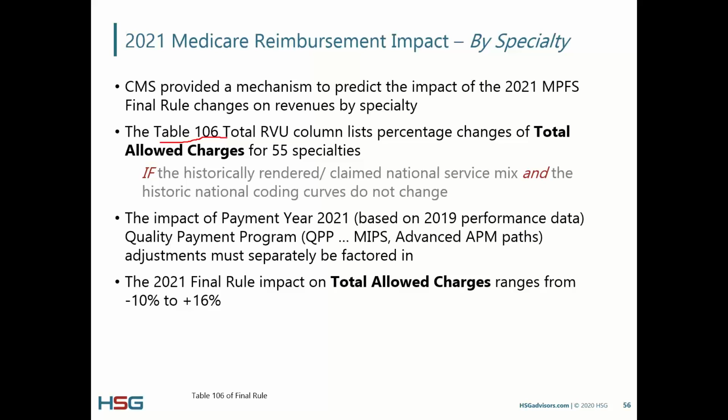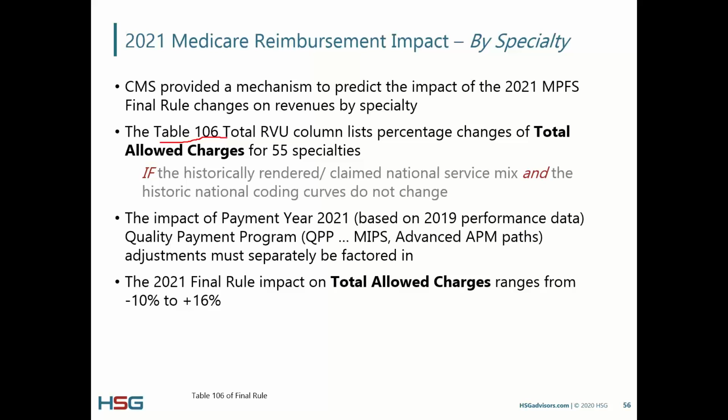Now, this would apply if the historically rendered and claimed national service mix doesn't change, and the coding patterns or coding curves don't change. And we already talked that both of these may change, right? So this is if everything else remained the same and we only focused on what happened in the final rule, this would apply.